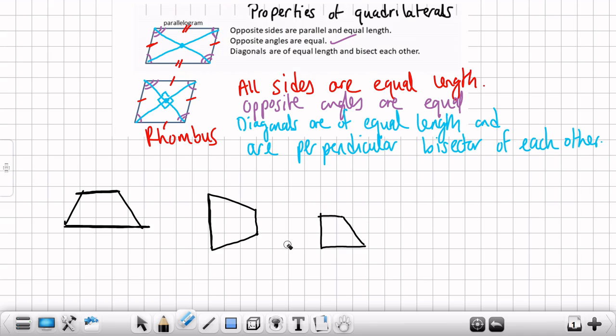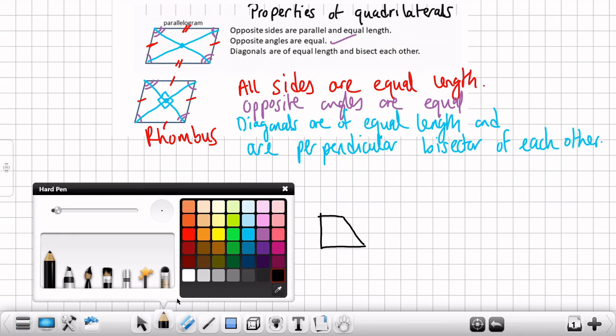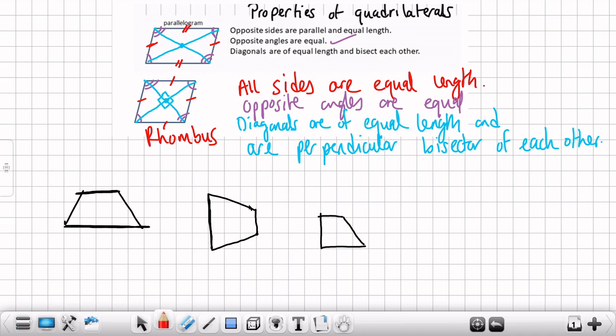Right, these are all trapeziums, and one thing you notice about the trapeziums, the sides. Right, there's one pair of parallel sides only, one pair. So this over here is parallel to this. This way these two are parallel, and you signify that using arrows to say these are parallel.